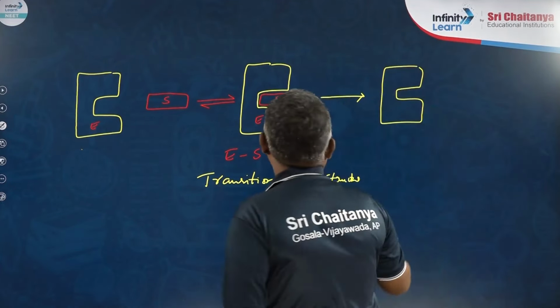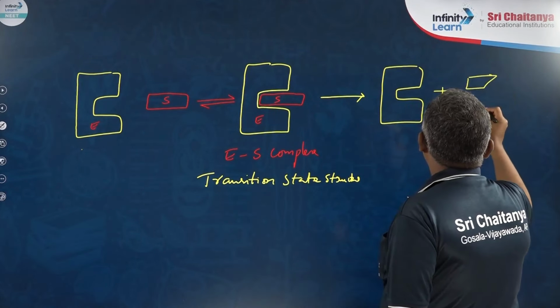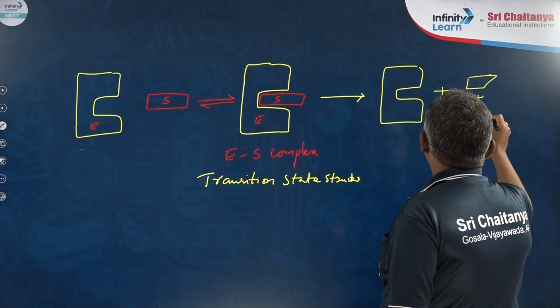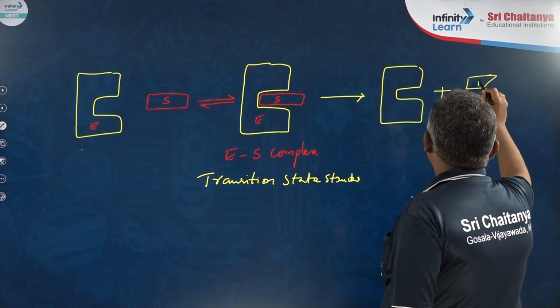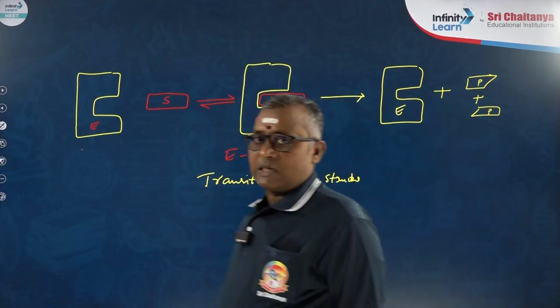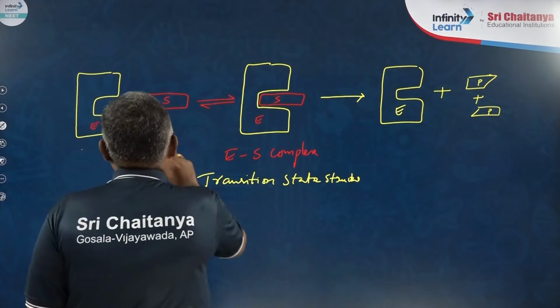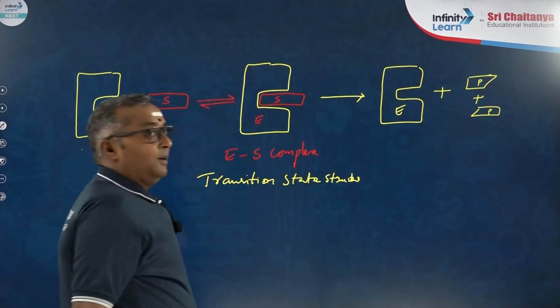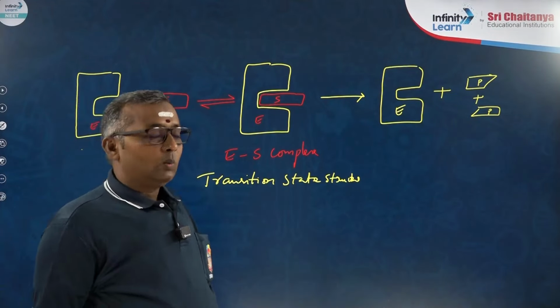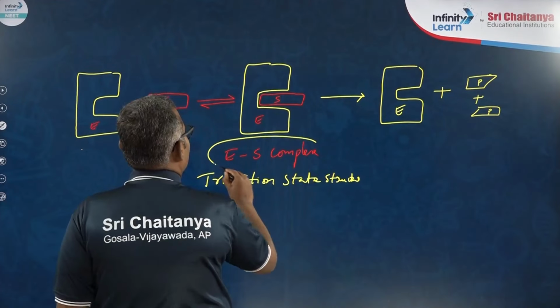the substrate is broken down into product. This conversion of substrate into product must go through production of ES complex.